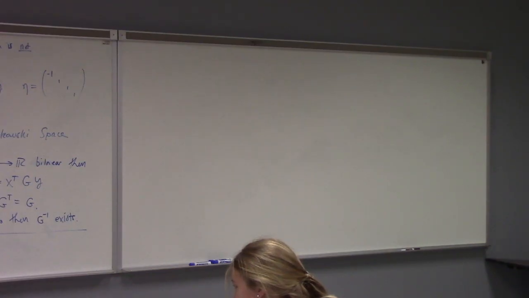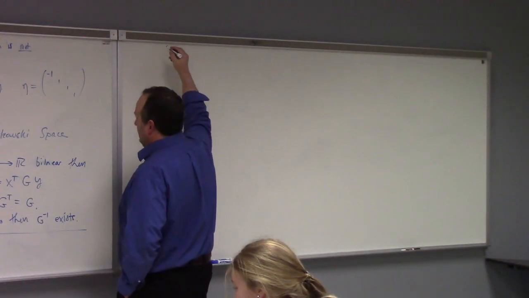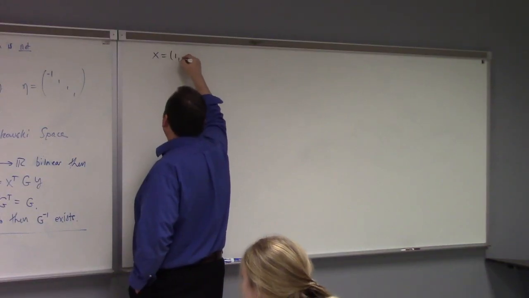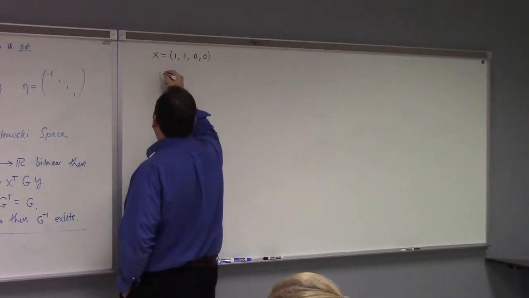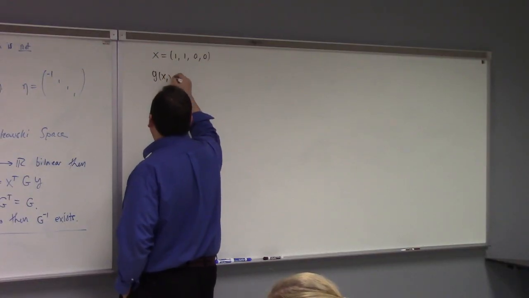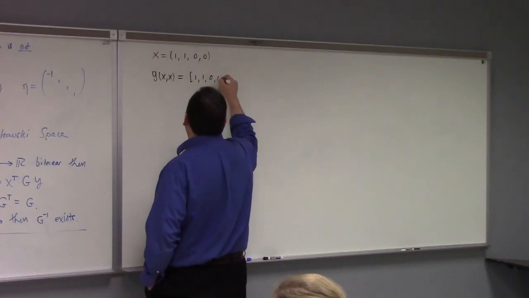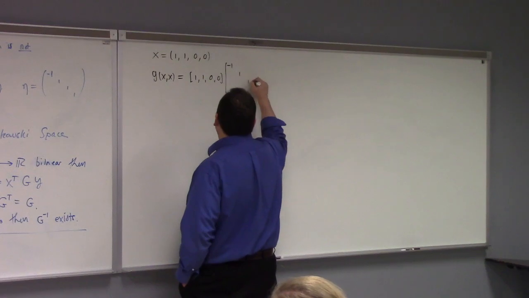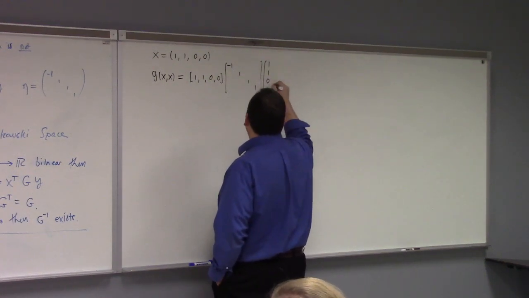So as we look at this Minkowski space example, notice that if we put x equal to (1, 1, 0, 0), and we calculate the inner product of that vector with itself, we've got (1, 1, 0, 0) times (-1, 1, 1, 1). This is the formula for the Minkowski metric, yeah?